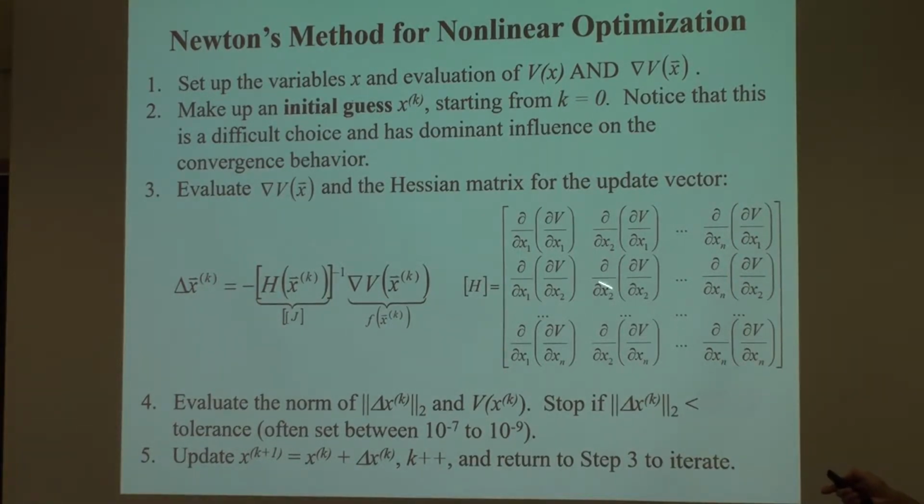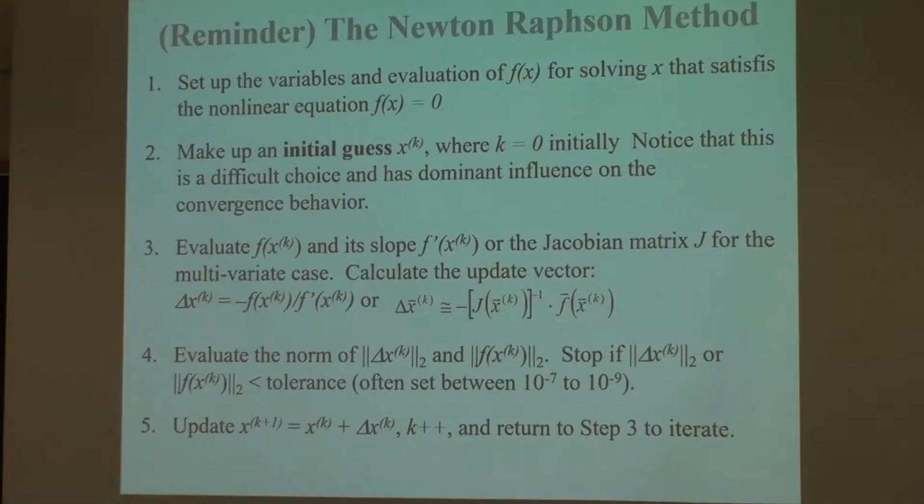So each time, in order to make my gradient 0, my search direction is minus H inverse times the gradient of V. If you see this form, this is the Newton search, right?